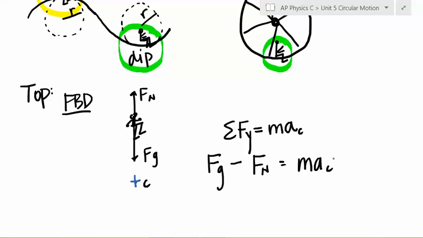If I didn't make towards the center positive, and I let it be negative because it's below me, then I would have to make this a minus MAC. And I find that students make more mistakes when you change up the coordinate system for every place that you're at. Sometimes it's positive MAC and sometimes it's negative MAC. So I think you're better off if you let towards the center be the positive direction and away from the center be the negative direction.